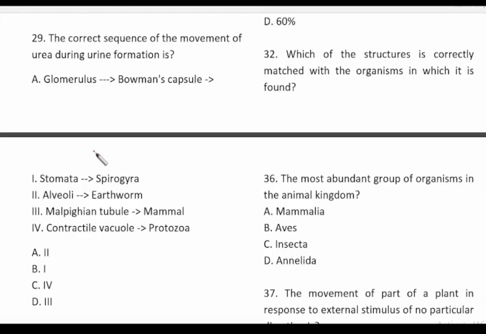Mammals don't have malpighian tubule. Malpighian tubule is the excretory organelle for insects, so it cannot be found in mammals. And then the last one, we have the contractile vacuole for protozoans. Yes, contractile vacuole is the excretory organelle for the protozoans, the unicellular organisms. So that is the answer to our question, which is option C.